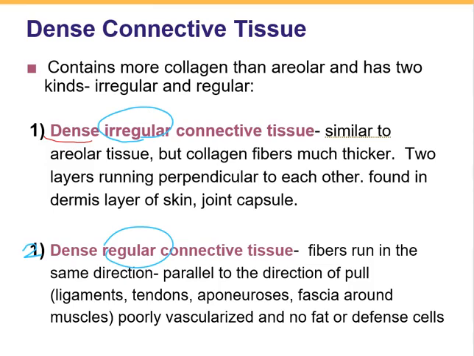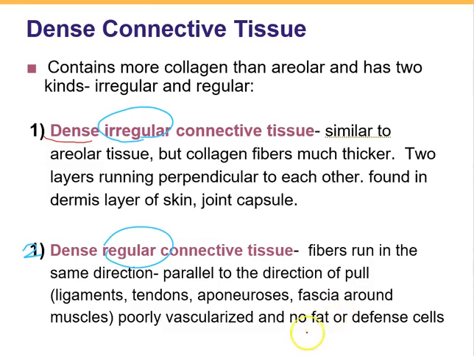However, when injury occurs, fibroblasts play a crucial role in synthesizing new collagen fibers to repair the damaged tissue. But because of the reduced blood flow to these tissues, they heal very, very slowly.